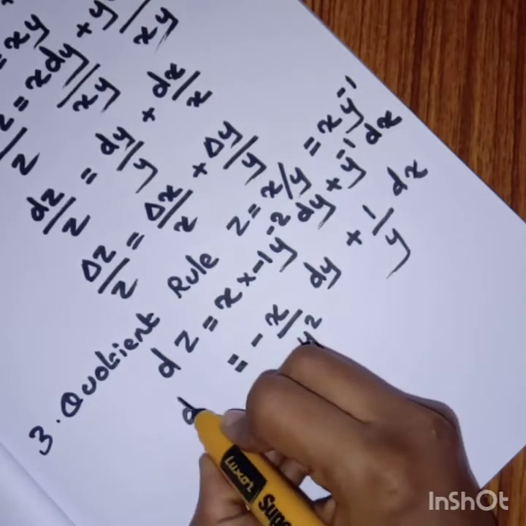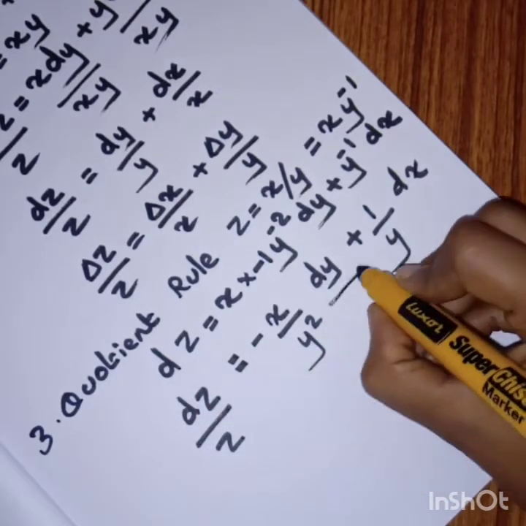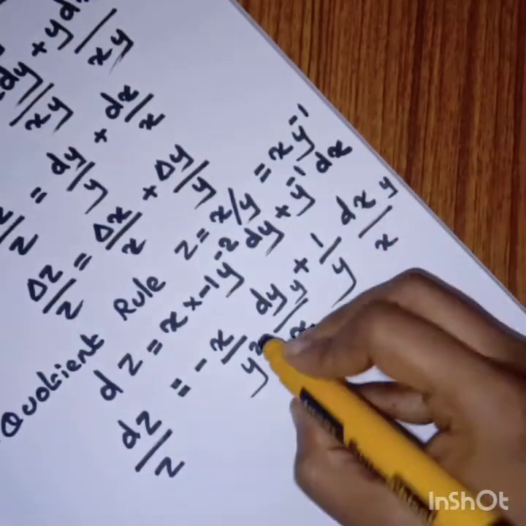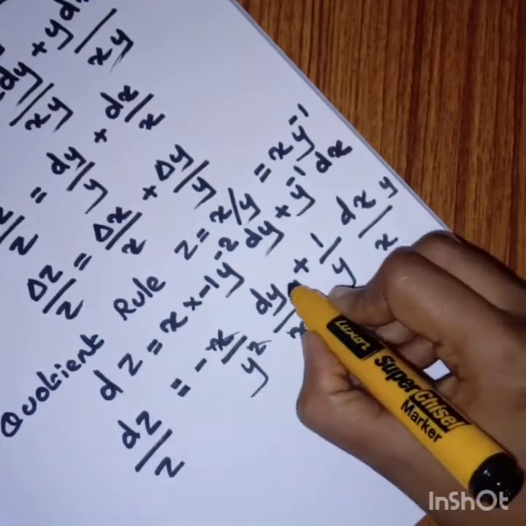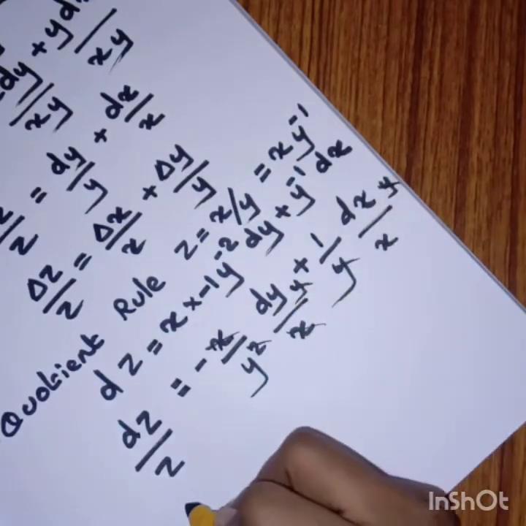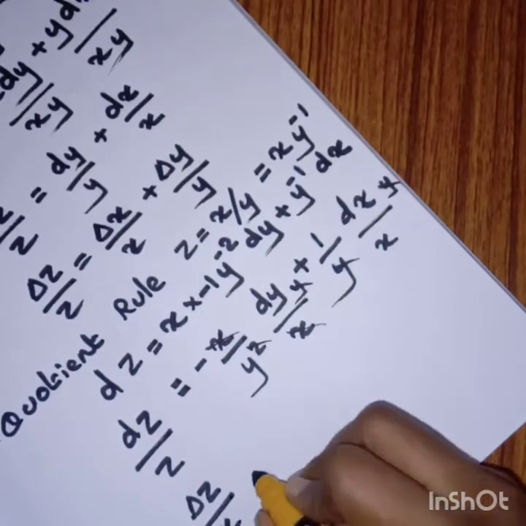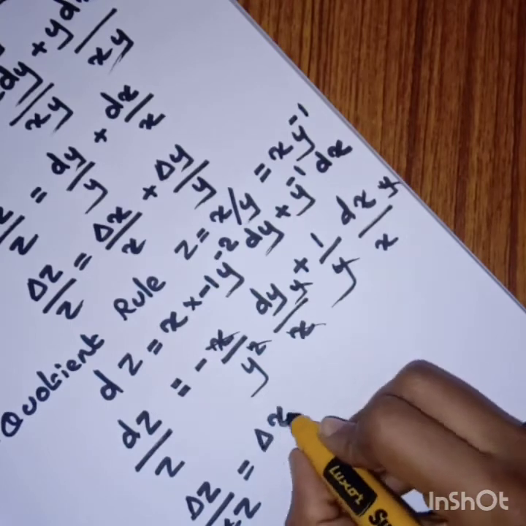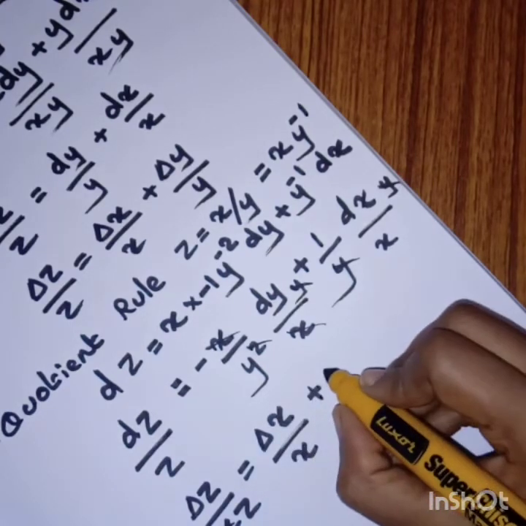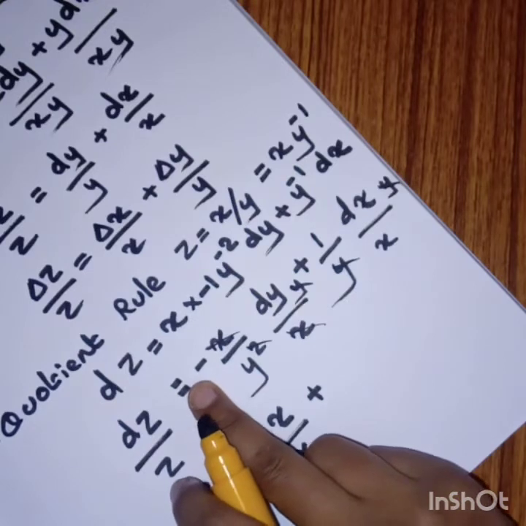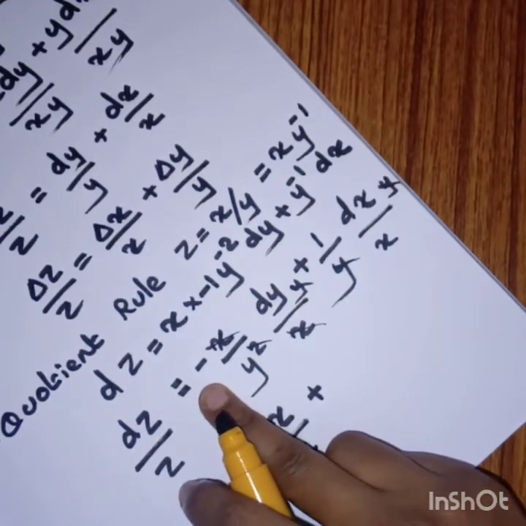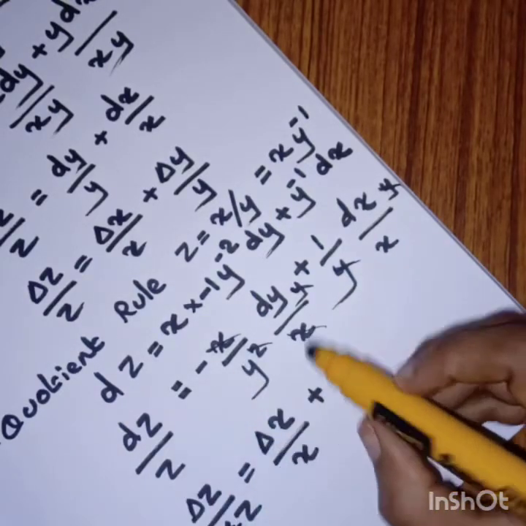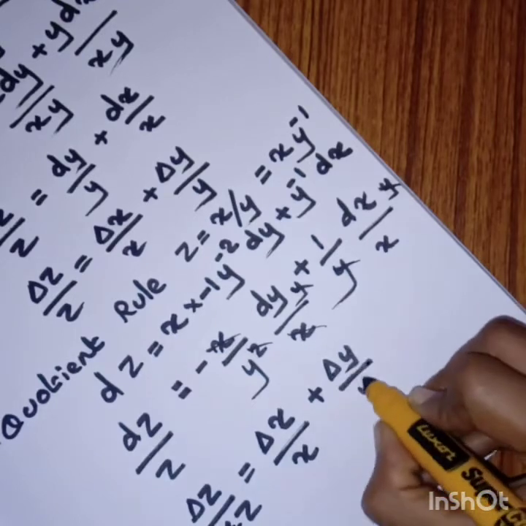I divide it by z. dz by z is equal to, here x by y, here also x by y, then x cancels out and y cancels out. That means delta z by z is equal to delta x by x plus, here negative is there, but in errors we calculate only the magnitude. Whether the error is in a plus or in a minus, that is just to calculate magnitude. That means delta y by y.